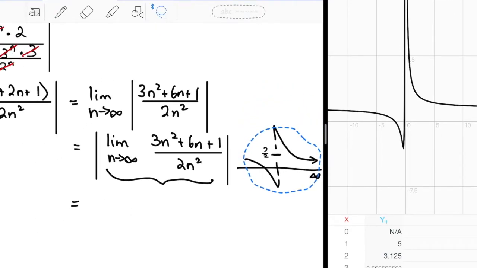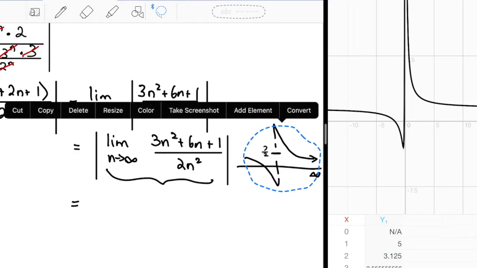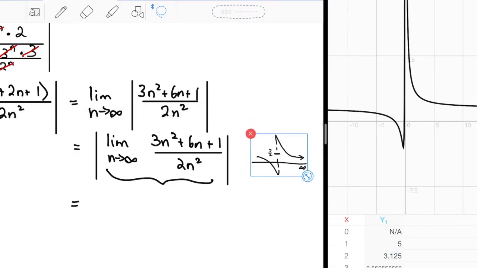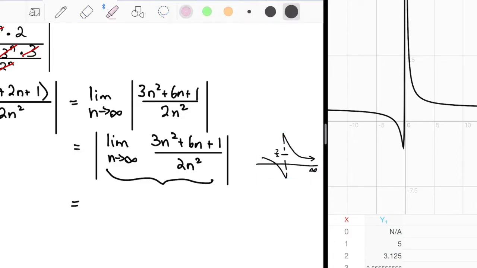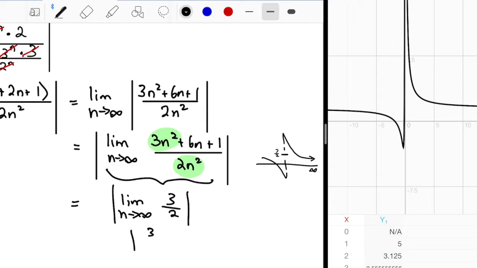If you want to use an end behavior model, you can do that too. I'm even going to reduce this in size. The end behavior model is pretty simple, because all you're doing, in terms of showing work, is taking the leading terms, dividing them, and finding the limit of that. Sometimes it's a little bit more complicated in terms of the understanding. The limit as n approaches infinity of 3 over 2 is the absolute value of 3 over 2, which is 3 over 2.